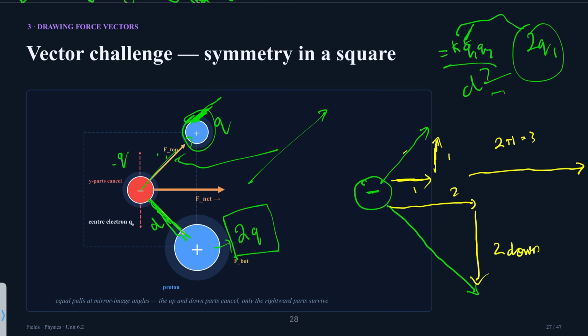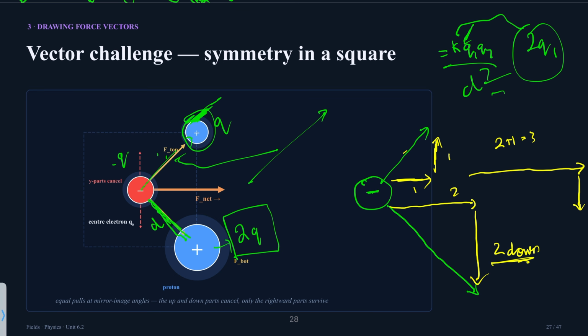Thrice as large to the right. Okay. And what about the vertical vector? This one is 2 down, this one is 1 up. So they oppose each other, right? But since 2 down is larger, it's going to go 1 down. Okay, that didn't look like 1, that looked like 2. Let's just draw 1 down.